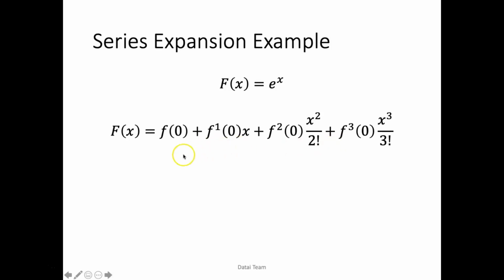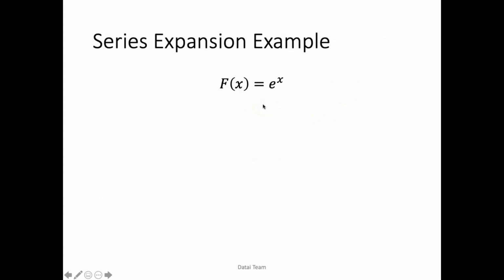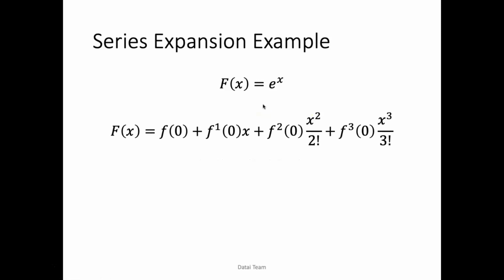And let's just use our formula. And our a value is 0 because we are finding the Maclaurin series. f of x is equal to f of 0. The initial n is 0, so this is 0, this is 0, so we just get the initial value centered at 0.